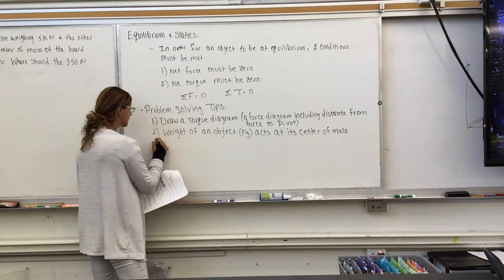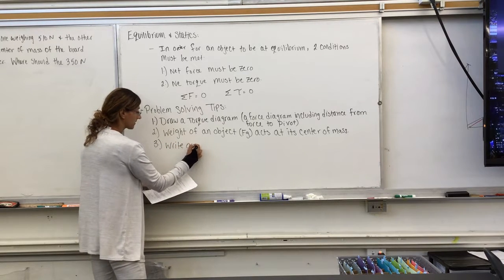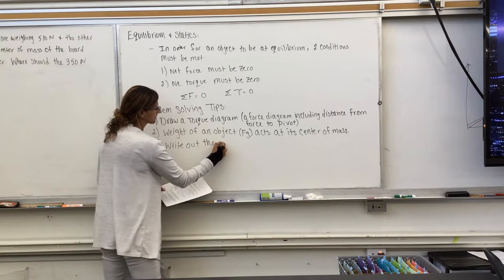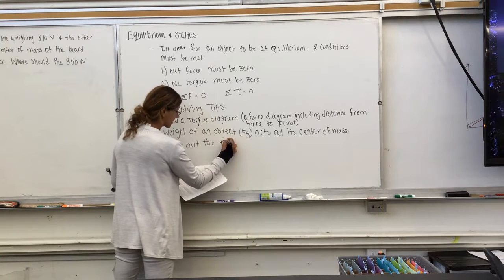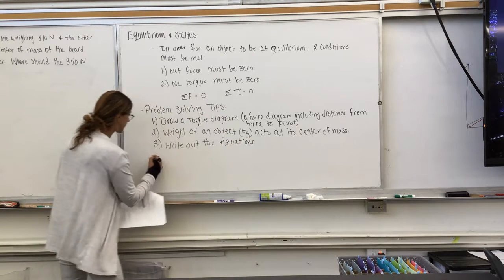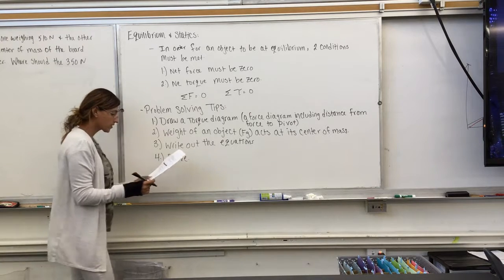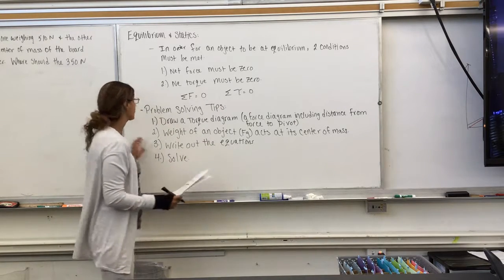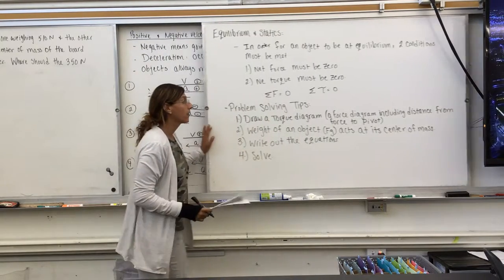And the third thing you're going to do is write out the equations, and you will then solve. Okay, so we're going to try one problem here right now, and then we'll practice more when you get to class.